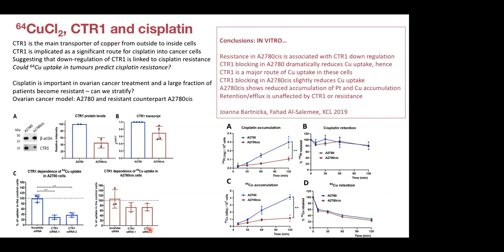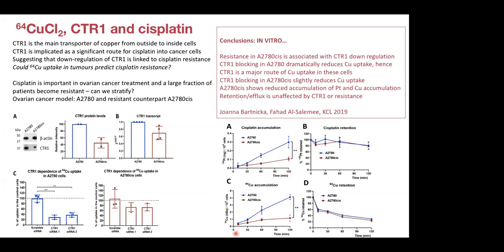The data on the right shows what happens to the cisplatin accumulation in cells, measured by some of the techniques that you've heard about already today. Cisplatin accumulation in the cells is significantly suppressed by about 70 or 80%. That is due to the suppression of the uptake, not due to any change in the retention, because the retention in both cell lines is pretty similar.